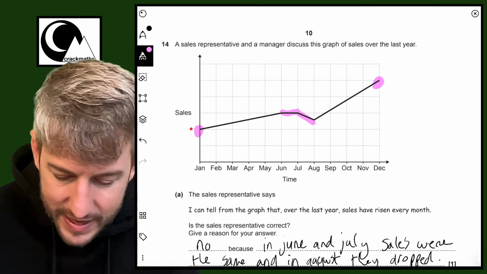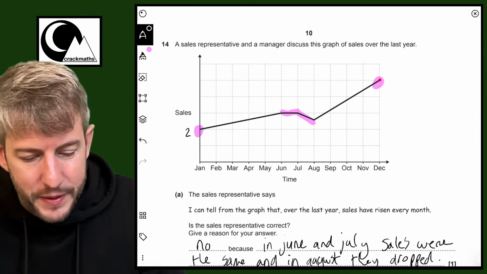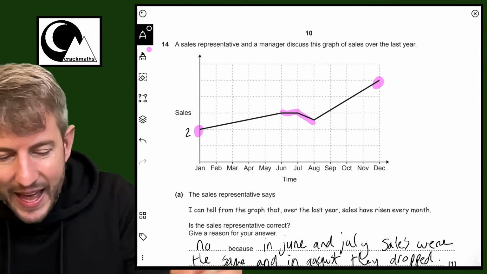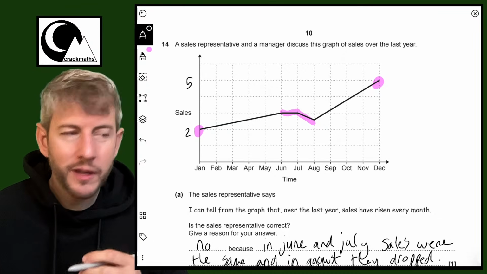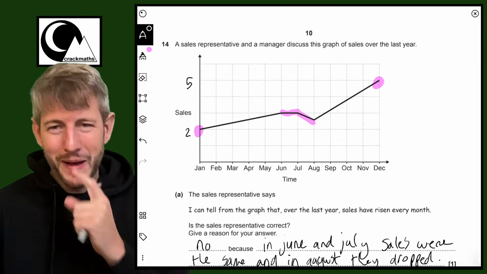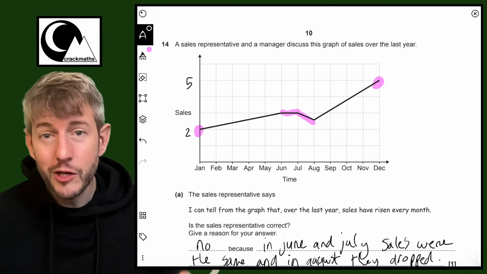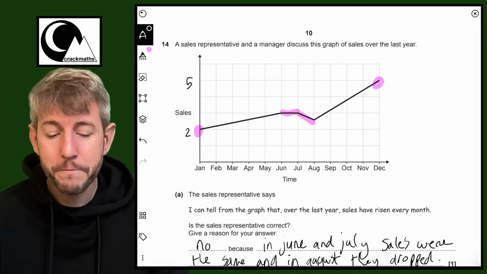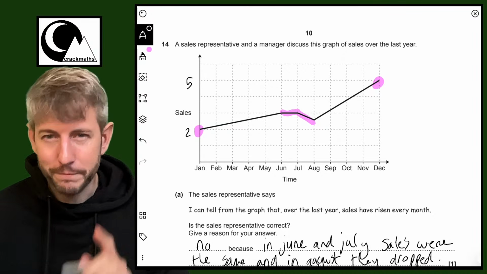This bit is 2 squares high. And this bit is 5 squares high. So, in theory, I need to check with the mark scheme here because I don't know how this is going to go. In theory, judging by the graph, it does look like the sales at the end of the year are more than double what they were at the start.